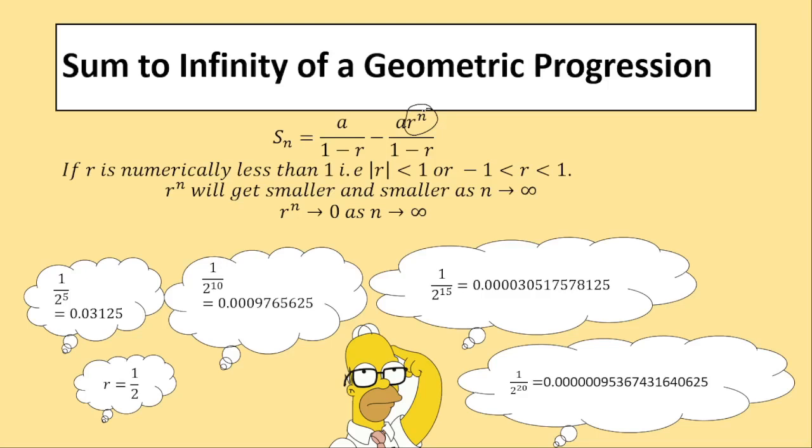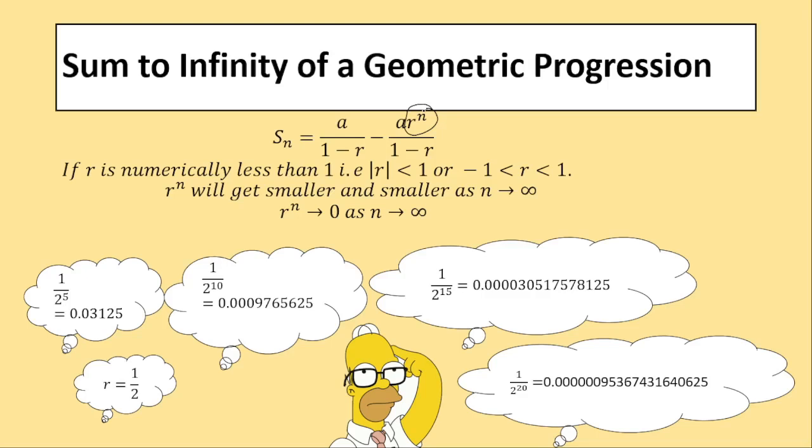As our value of n is increasing, we took 5, we took 10, we took 15, we took 20. The value of r, the common ratio raised to the power n, is tending towards 0.